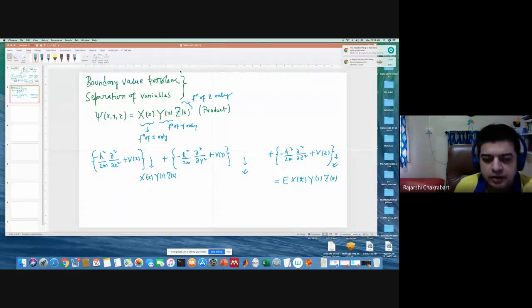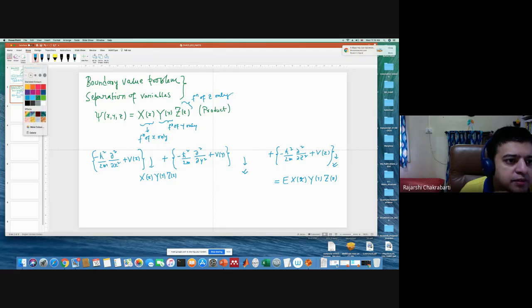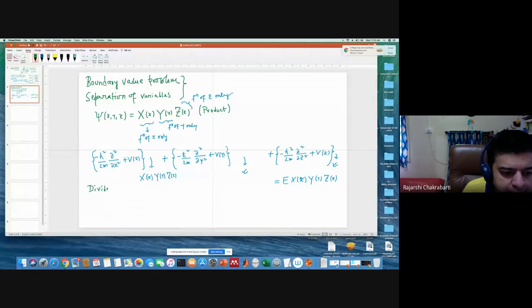Now the next thing is what I did in separating the time dependent Schrodinger equation into the time independent one. I divide both sides by the total wave function, psi of x, y, z.